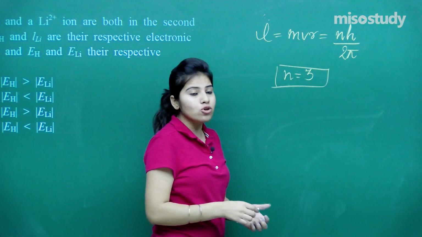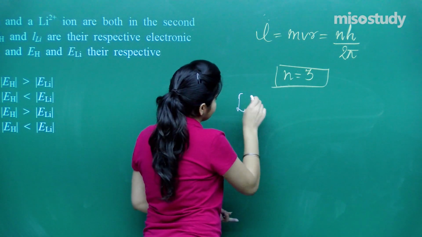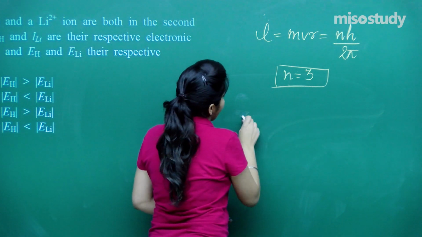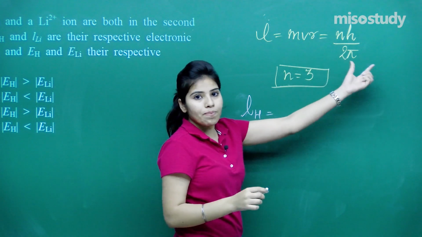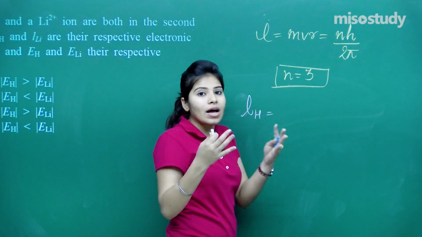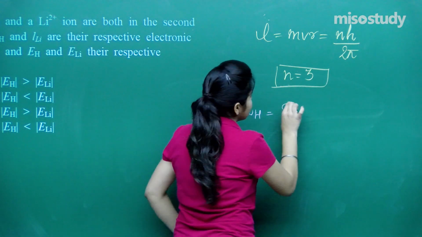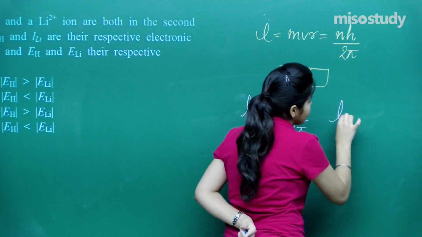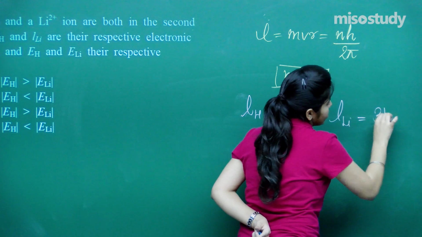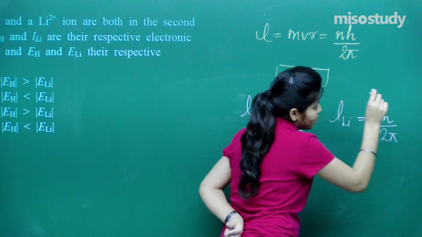So if I talk about the hydrogen atom, your angular momentum for the hydrogen atom will be nh upon 2 pi, because they both are in the same excited state. So that will be 3h upon 2 pi. Again for lithium, that will be 3h upon 2 pi.